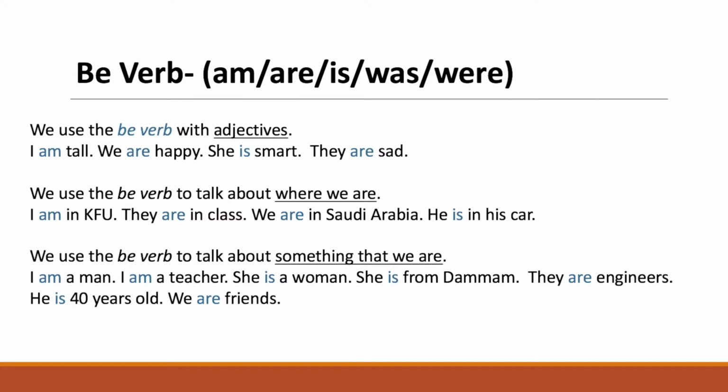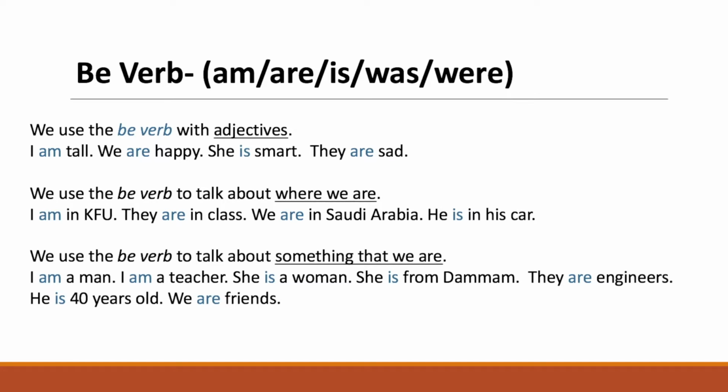The be verb has three forms in the present tense: am, are, and is. It has two forms in the past tense: was and were. We know which form to use by identifying the subject. We can also use time markers or time words as clues to choose whether we are talking about the present or the past.